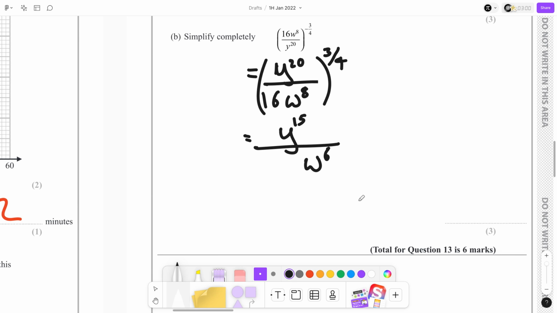And then 16: we need to know that the 4th root of 16 is 2, 2 to the 3 is 8. So there's our simplified version, y to the 15 over 8 w to the 6.